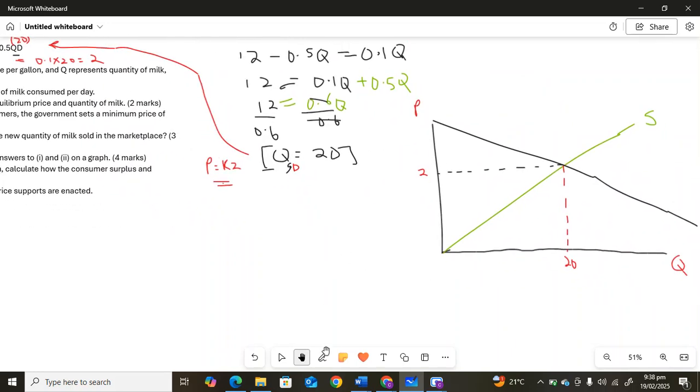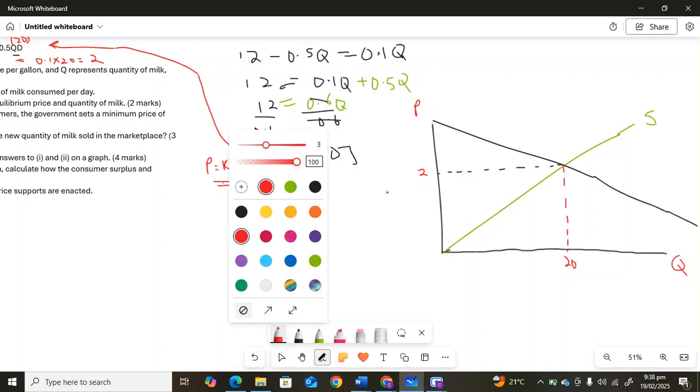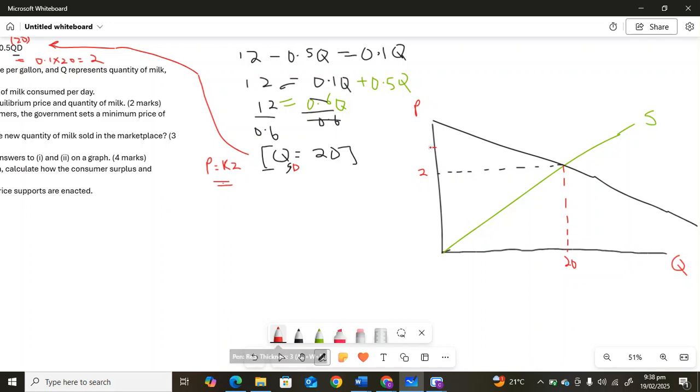Price floor, yes. So here on your graph, I'm going to put 2.5 kwacha. Then you draw a straight line here.